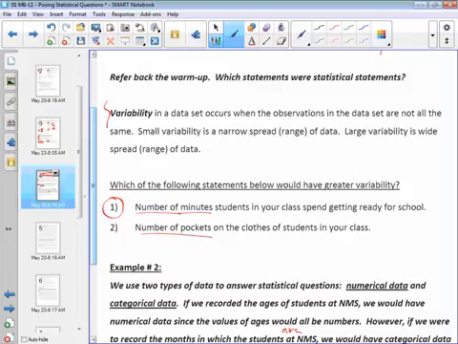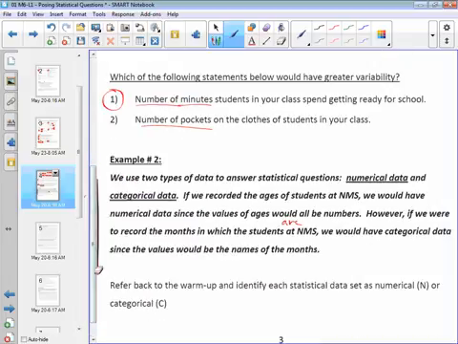All right, last thing for today, and then I'm going to tell you what your homework is, and then you can start. There's 2 types of data when we ask statistical questions: numerical data and categorical data. The name implies what kind of data it is. So numerical data means it's going to be answers that are what?